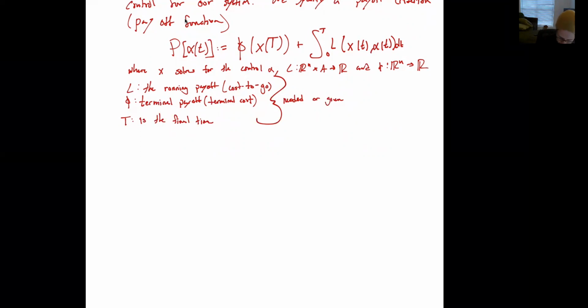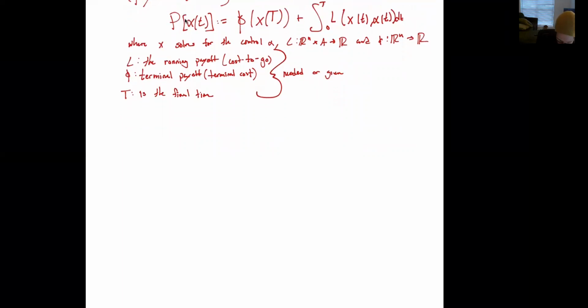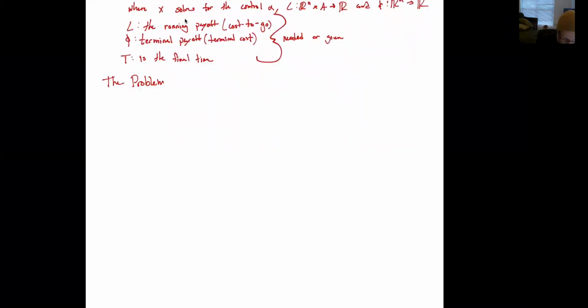All right, so now the basic problem. What is the problem of optimal control? It is to find a control alpha star which maximizes the payoff.